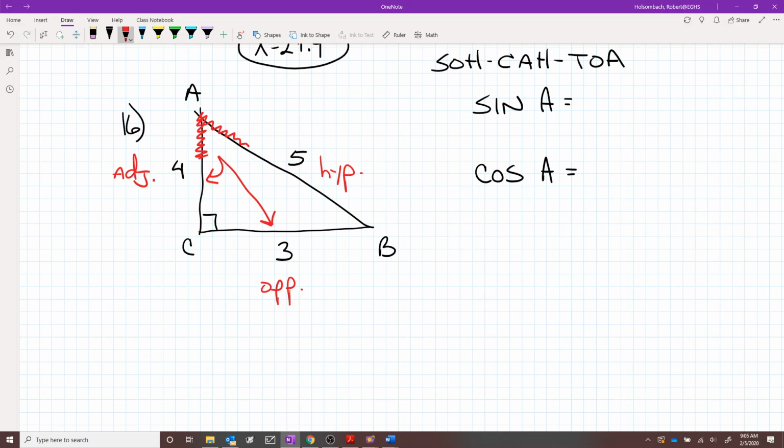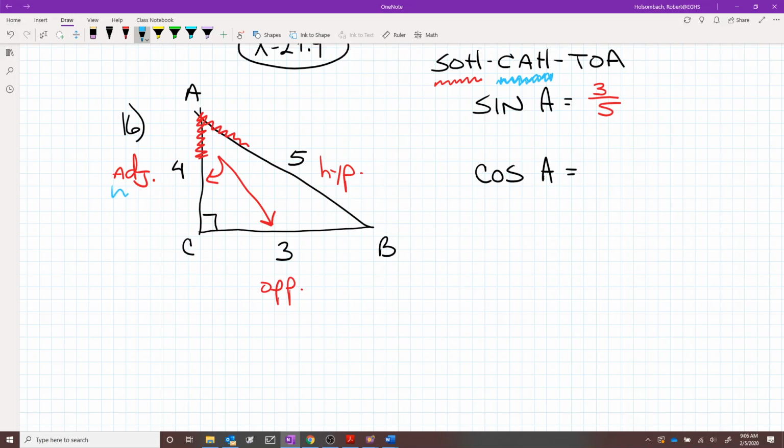So sine of A, sine equals opposite over hypotenuse. So the sine equals 3 over 5. Cosine of A, cosine equals adjacent over hypotenuse. We're still working with the same angle.